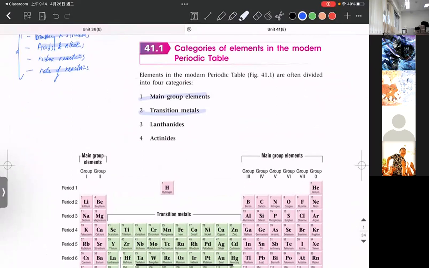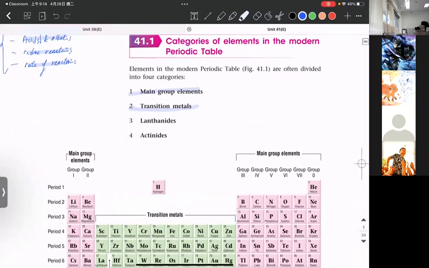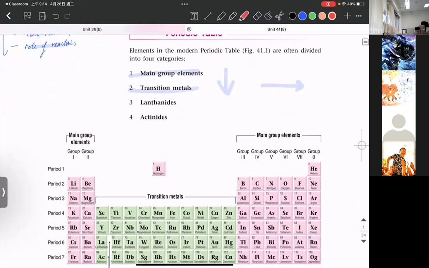We mainly focus on the chemical property similarity in terms of the group, but we seldom talk about across a period. Now, in these two chapters, we would focus on across a period. What happens to those chemical elements in terms of the period.